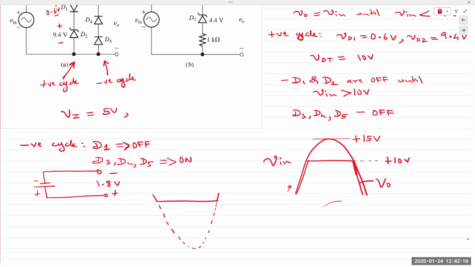Output is like this, minus 1.8 volts. And this is minus 15 volts. Does that make sense? So almost the entirety of the half cycle is clipped. Yes. It would just be 0. Yeah, if it's ideal diodes, it would just be 0.